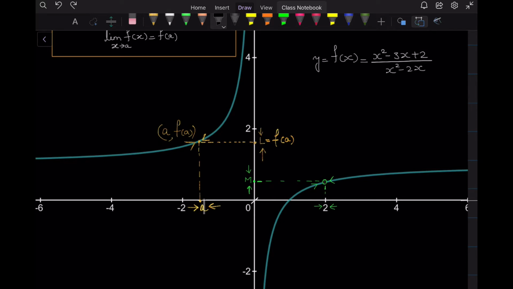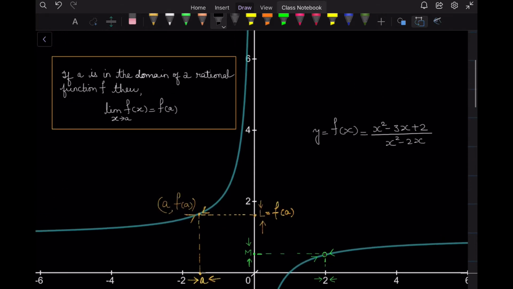This means that if a is in the domain of a rational function, then the limit of the rational function as x approaches a always exists, and it is equal to the value of f at x equal to a. And this is called the direct substitution property. So we have that if a is in the domain of a rational function f, then the limit of f as x approaches a is equal to the value of f at x equal to a.